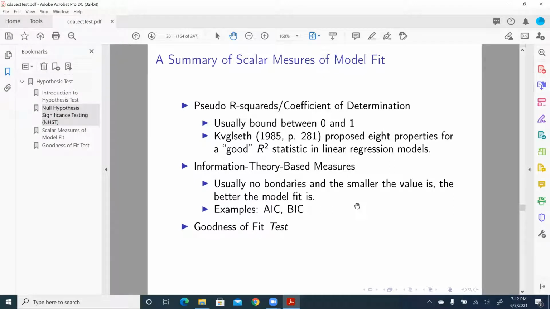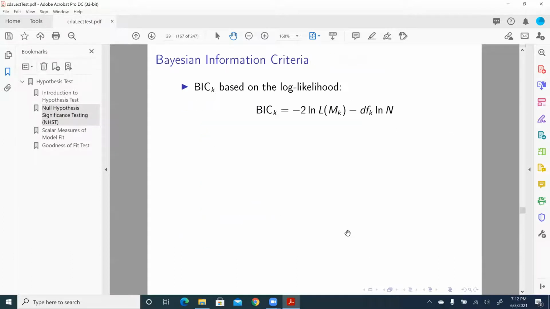And the last type is what I call goodness of fit test. So this is a statistical test. And I'm going to talk about only one measure, that is the Hosmer-Lemeshow test, roughly the pronunciation of that.